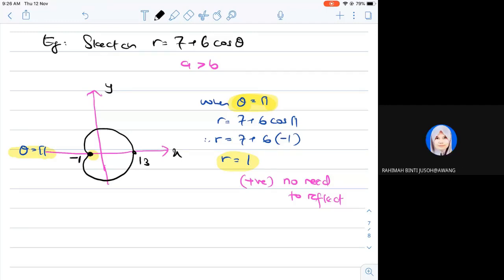Yes, in terms of notation, yes, good. We should have negative 1 in terms of notation. Alright? Because R is positive 1, so it belongs to theta equals to pi. And of course, kat sini berapa? 6 ke 7? 7. Yes, 7. Well done. 7 and here should be negative 7.